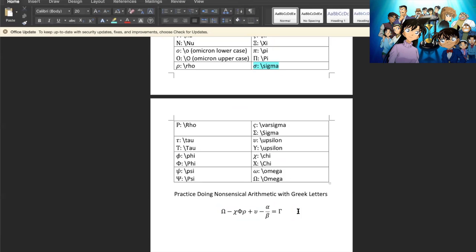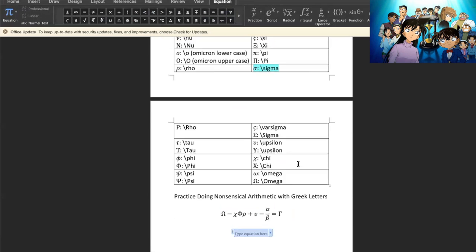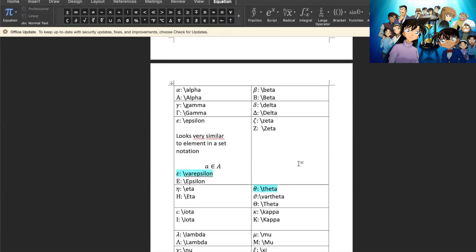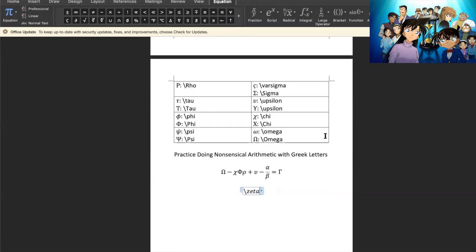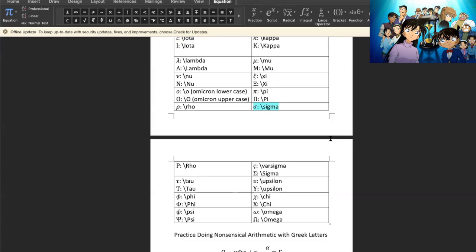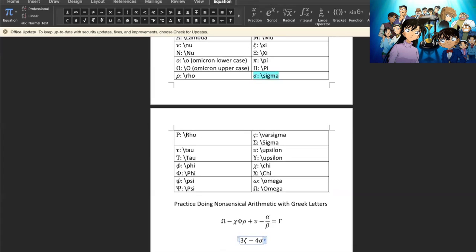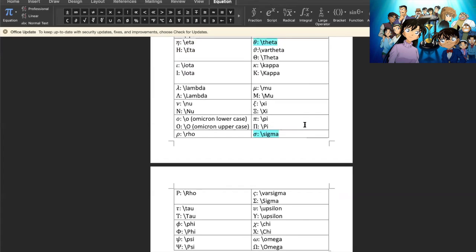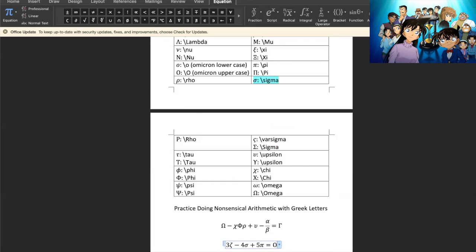That's one nonsensical made-up equation I have over here. Let's try another one. Let's see, zeta, 3 zeta minus 4 sigma plus 5 pi equals omicron.